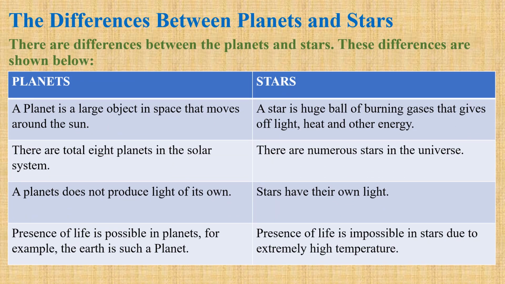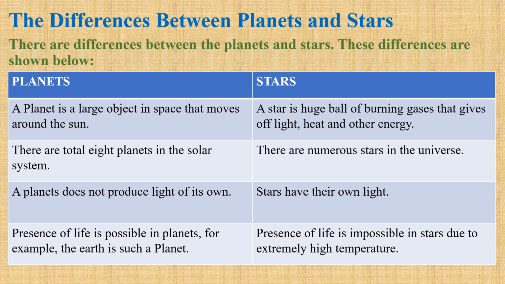The differences between planets and stars. Let's see. Planets. Now what is a planet? A planet is a large object in space that moves around the sun. Now what are stars?